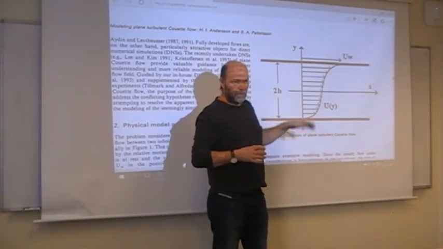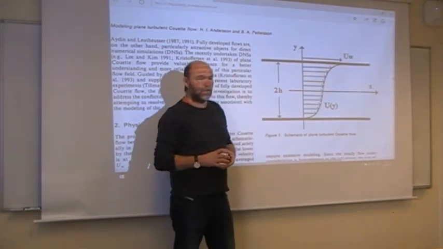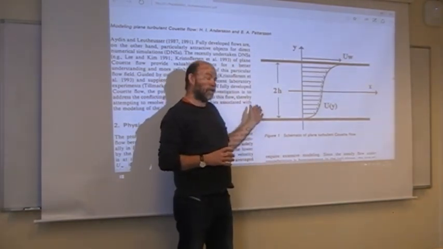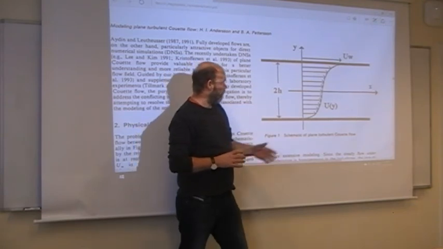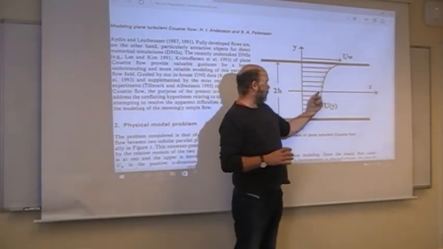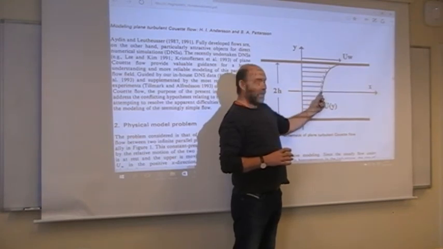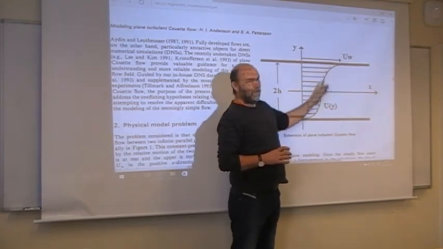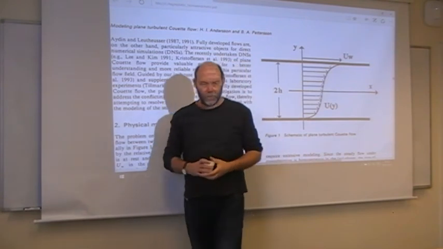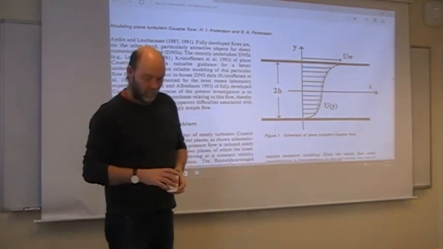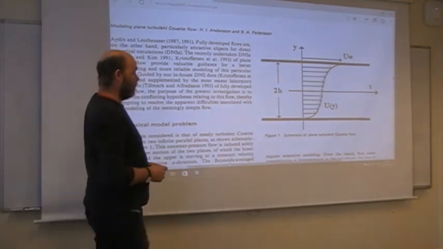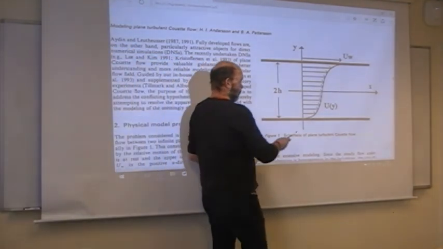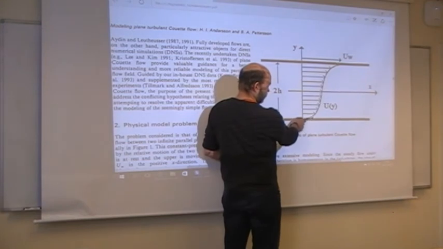So here, before you start the simulation, you know what the average velocity is going to be. This will now be 1/2 of the wall value as an average velocity. So you can calculate the Reynolds number before you start the simulation. What you don't know is what this angle will be close to the wall.